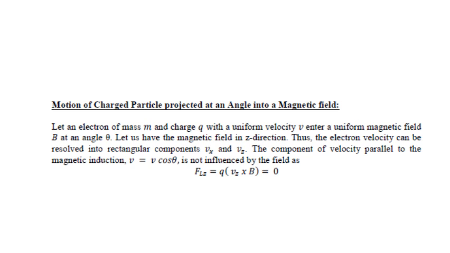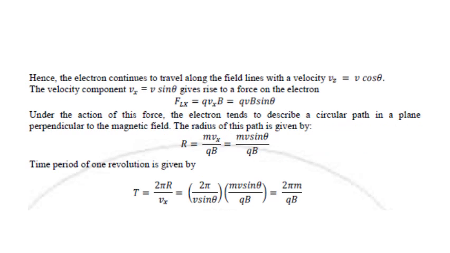If something is moving in the same direction, that component will not be affected. So the force FLz will be q Vz cross B, which is equal to 0. So the electron continues to travel along the field line with a velocity Vz equal to V cos theta. There will be no change.